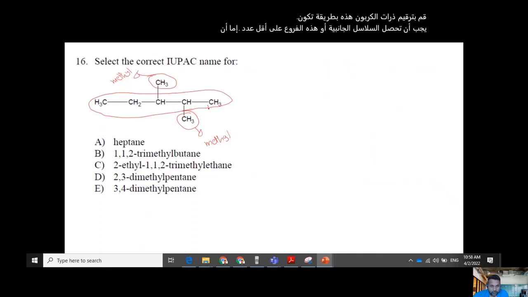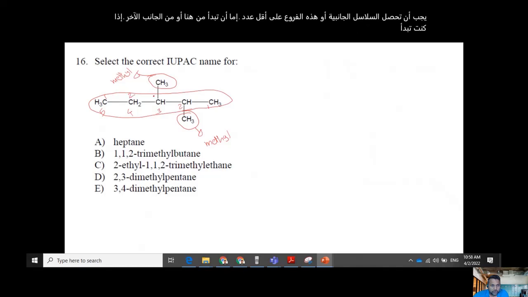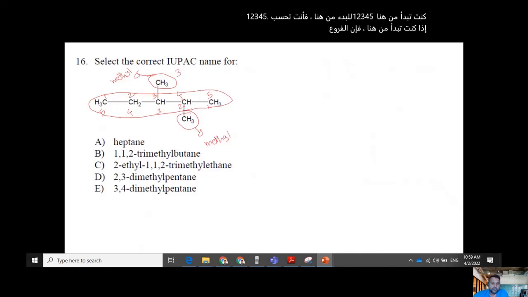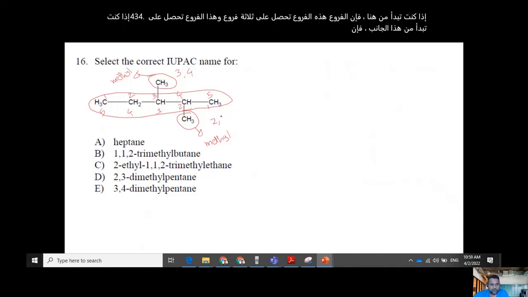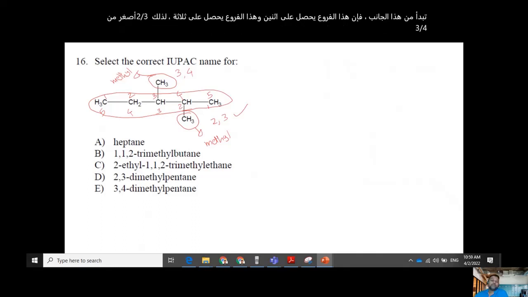If you start from here, 1, 2, 3, 4, 5, the branches get 3 and 4. If you start from this side, 1, 2, 3, 4, 5, this branch gets 2 and this branch gets 3. So 2, 3 is smaller than 3, 4, and we always prefer smaller numbers for branches. So it is 2, 3.